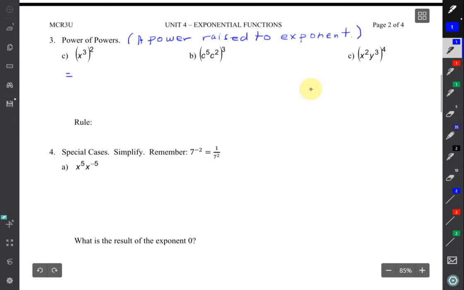So this first one I'm going to just write out in a longer form. Remember that, say, when something's squared, you're multiplying that value by itself. So in this case, we're multiplying x cubed by itself.